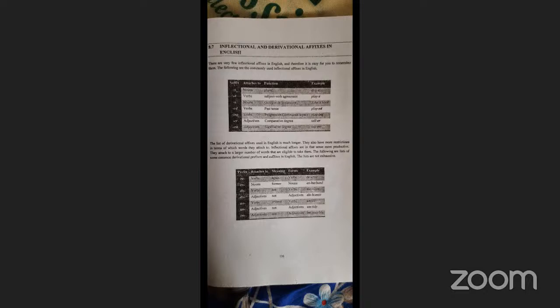Do you remember any word in English which is there in your own mother tongue? Do you recall any word which you have seen in English, but it is actually from some other language?